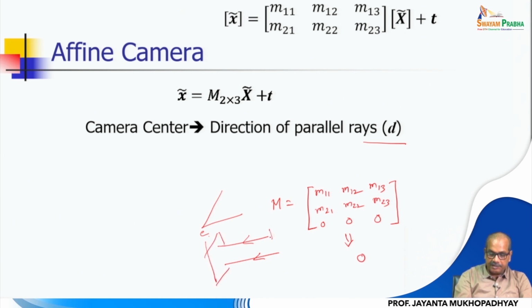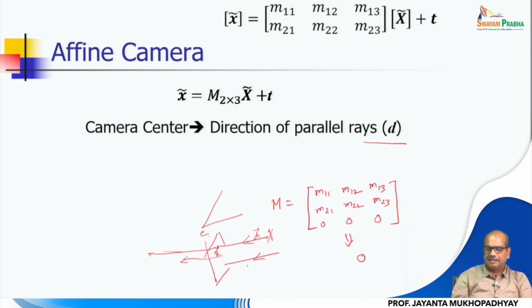So for any object or any scene point X, you take a parallel ray along the direction, and where it intersects, that is the image point. So this is the interpretation. So the camera center is the intersecting point, or rather I should say camera center is lying at the point at infinity along this direction.